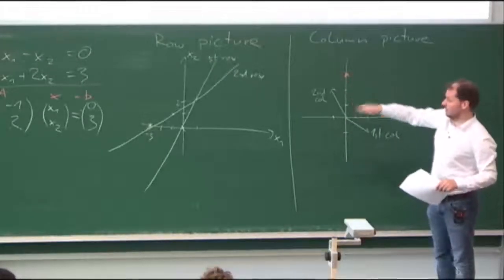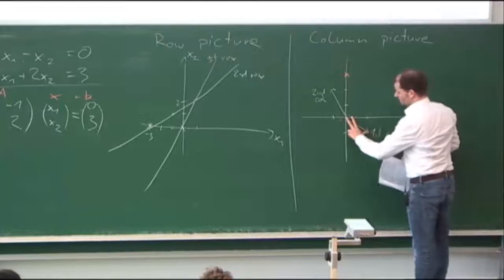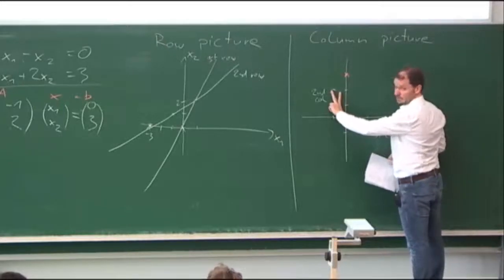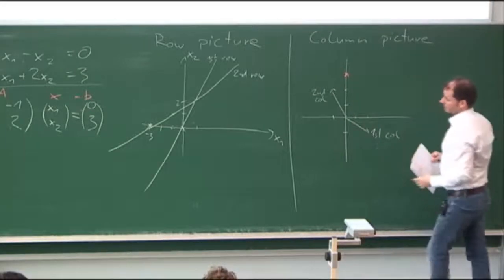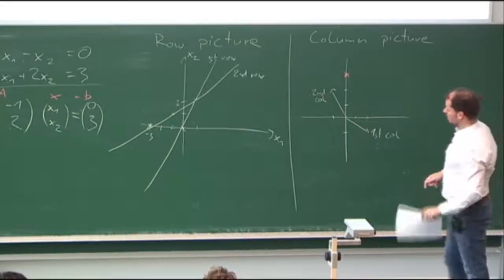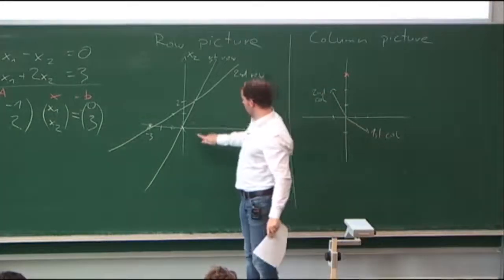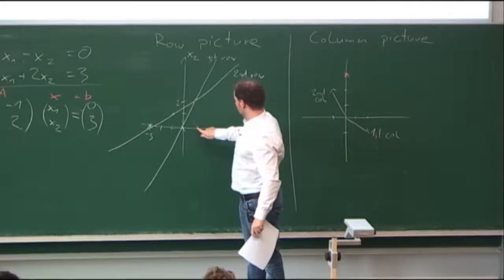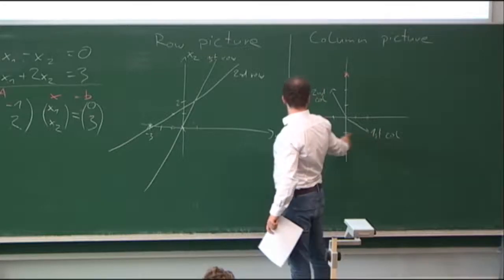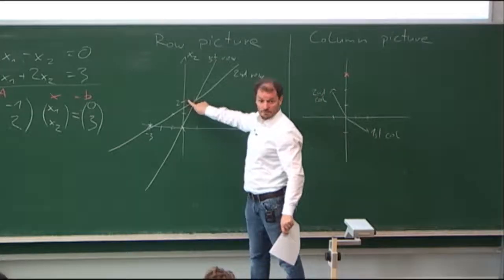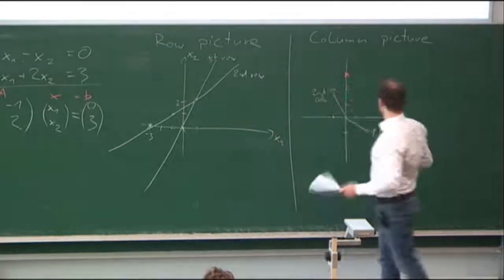And this equation asks us how much do we want of this vector and how much do we want of that vector, so we get exactly at this point. And I think we can look at the solution here. So we will want 1 times the first vector and 2 times the second vector to get us here.